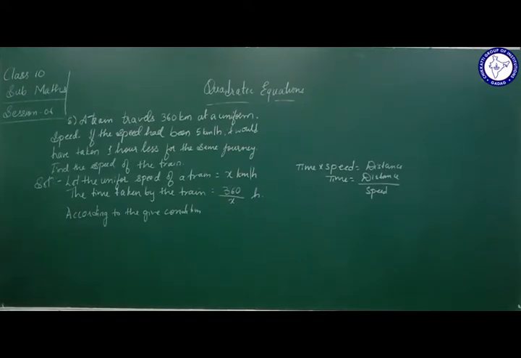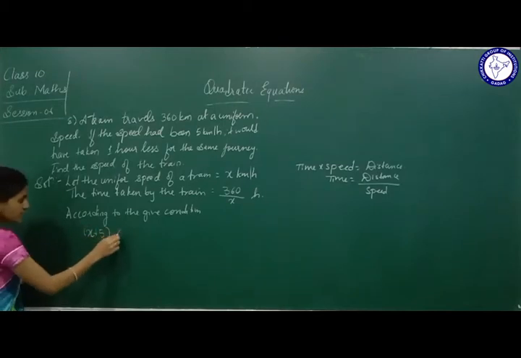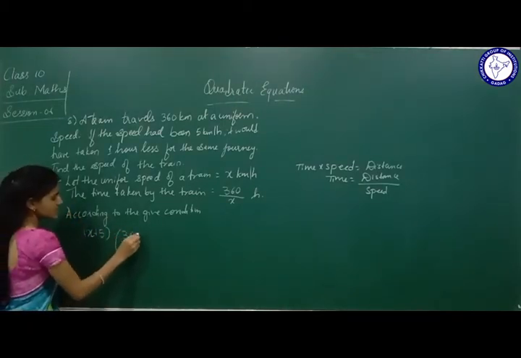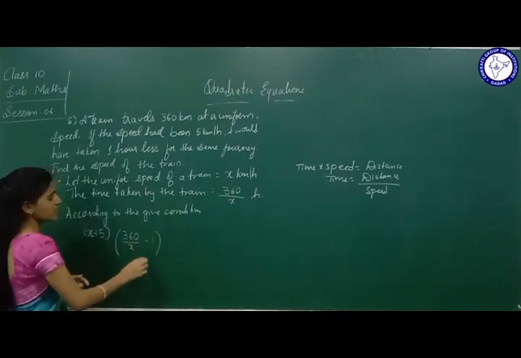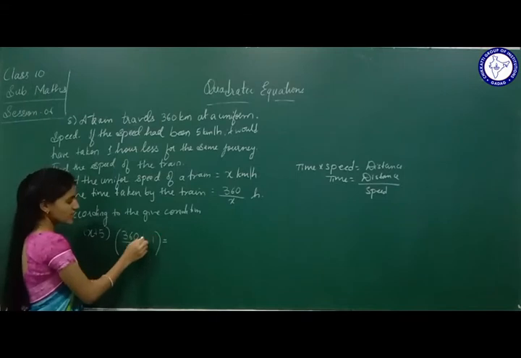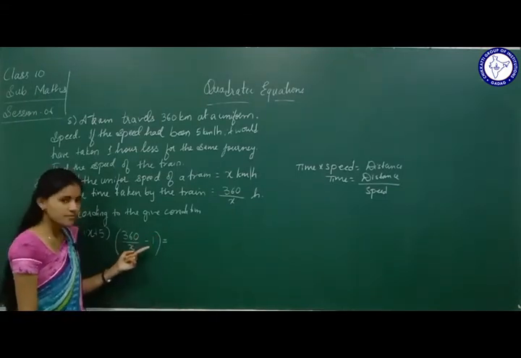So if the uniform speed had 5 kilometers per hour added, then the time is 360 divided by x plus 5. It would have taken 1 hour less, they have said. That is why we have done minus 1.